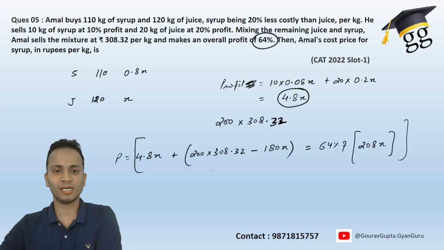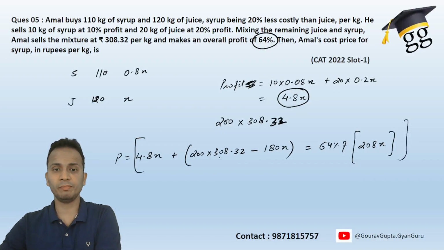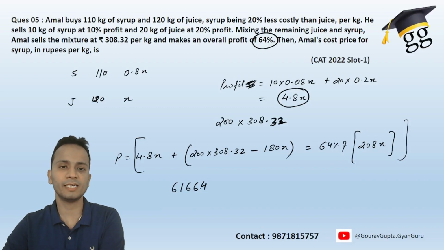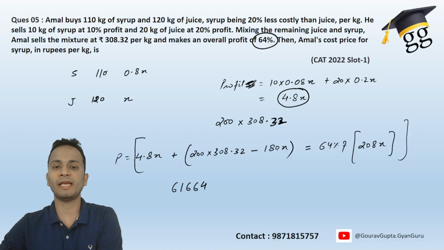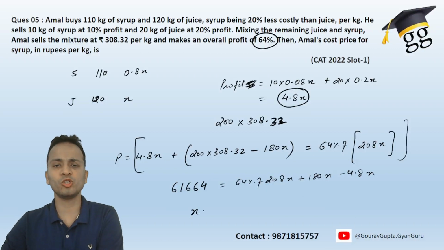So 200 multiplied by 308.32 will be 61,664. Then 4.8x minus 180x, we will take to the right side: 64% of 208x plus 180x minus 4.8x. Now simplify this, you will get the value of x as 200.